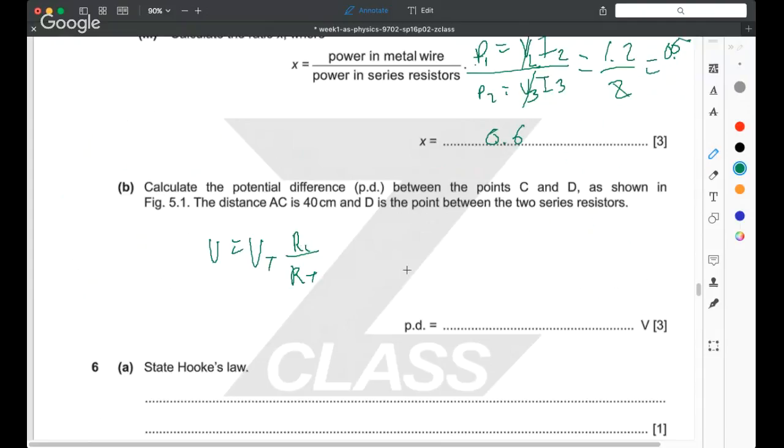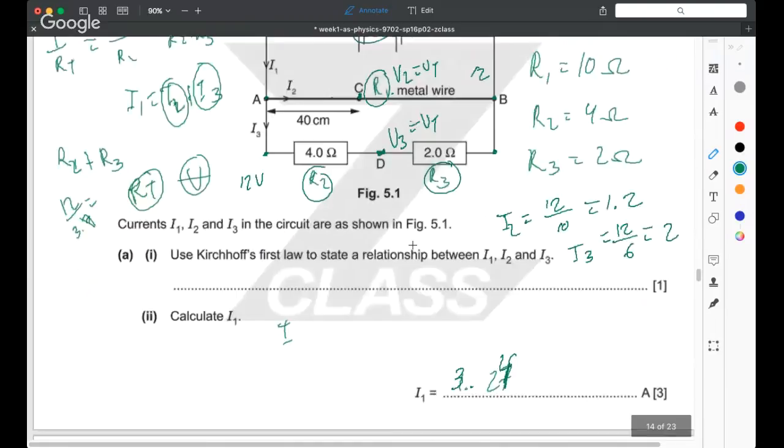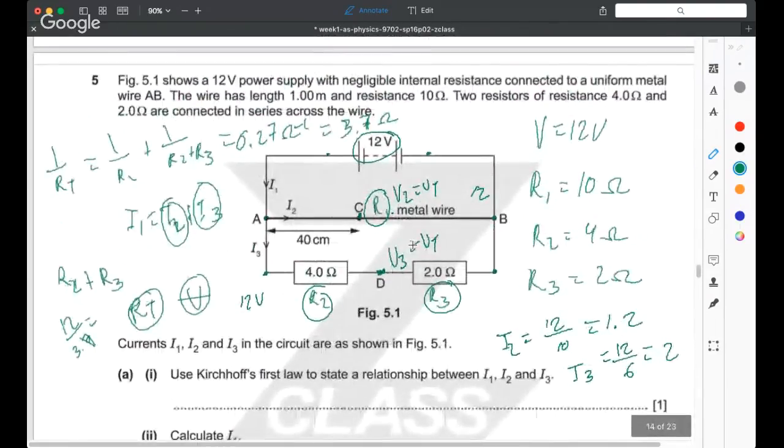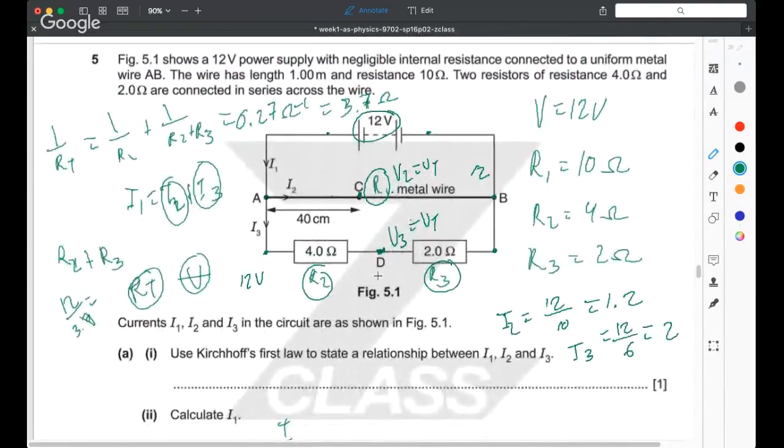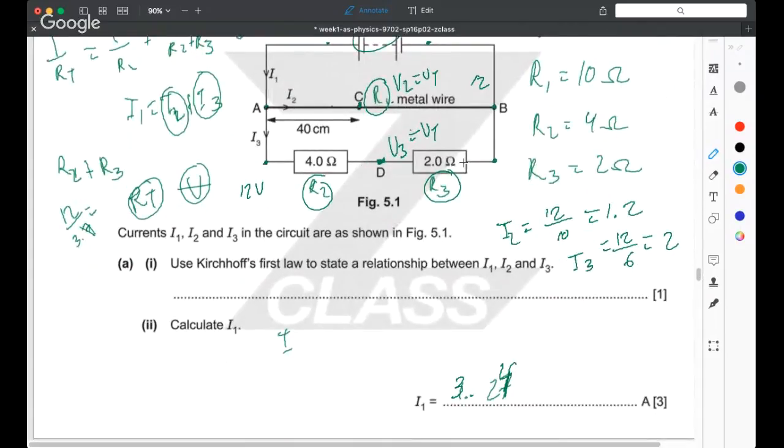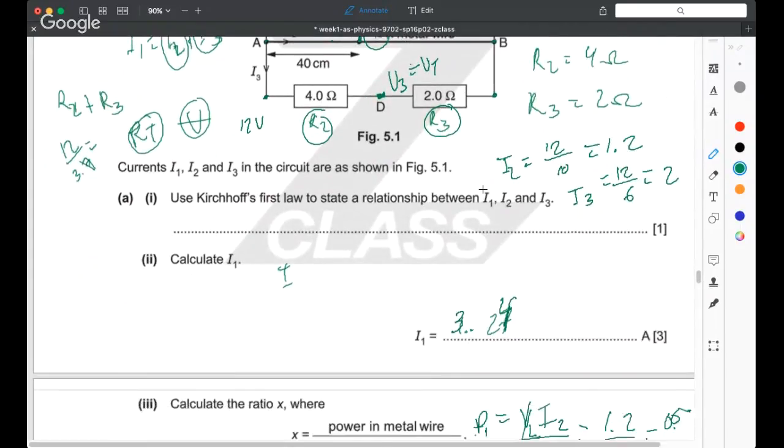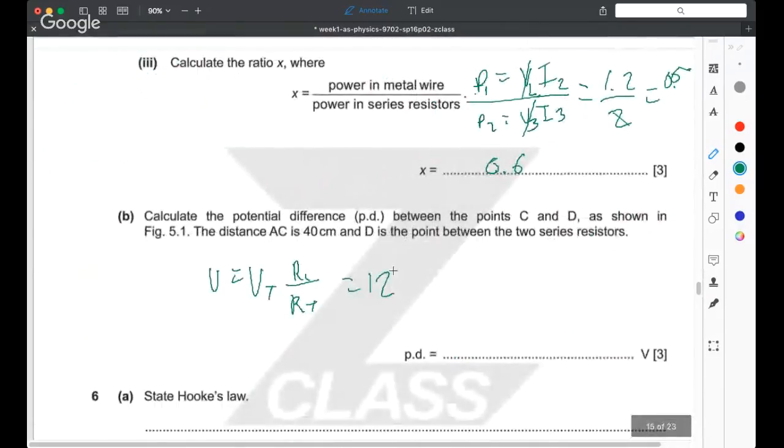Total 12 over... what is the total resistance? So the total resistance of just this one. So it's 4 over 6. It's like 0.6 maybe.